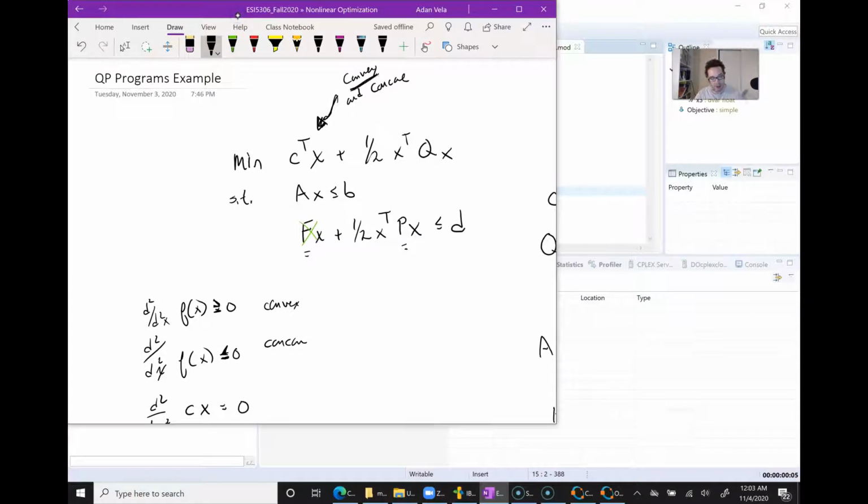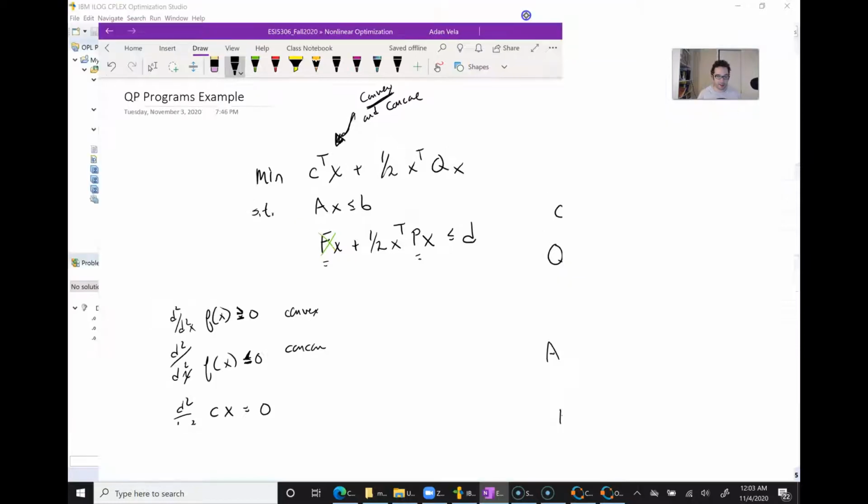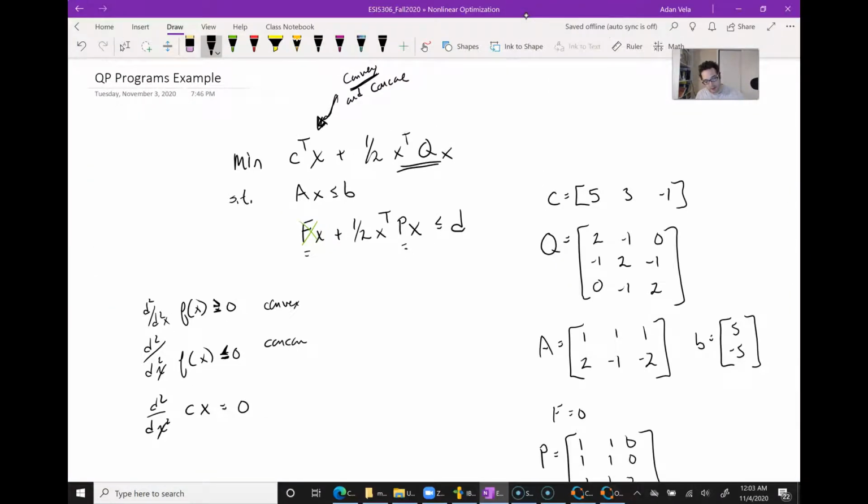So c transpose x is convex, and because the eigenvalues of Q are greater than 0, that term is also convex. The same thing is true for these linear constraints. They end up being convex. And if we have a convex function and a convex function, the one rule is that if you add a convex function and a convex function, you still have a convex function.